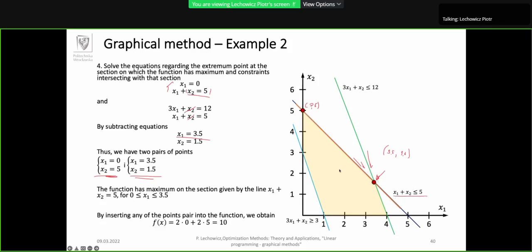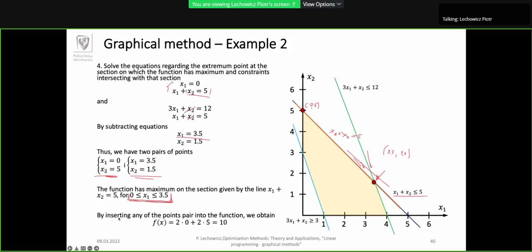This is this constraint. So this is this line x1 plus x2 is equal to 5. And we have a defined range for which the function takes the optimum values regarding the feasibility set.